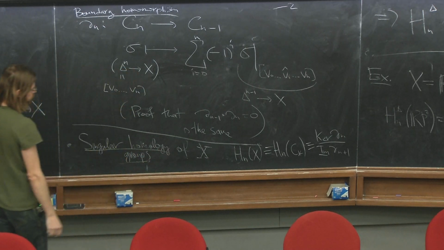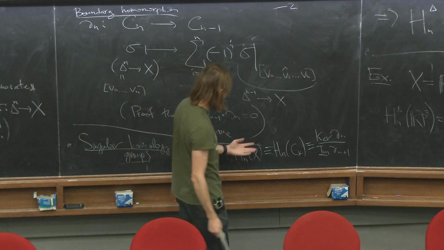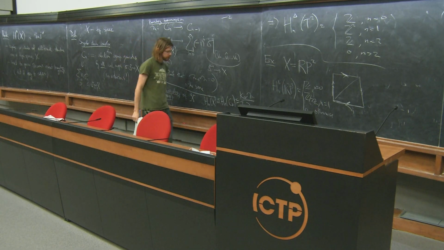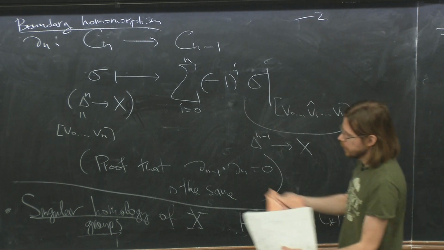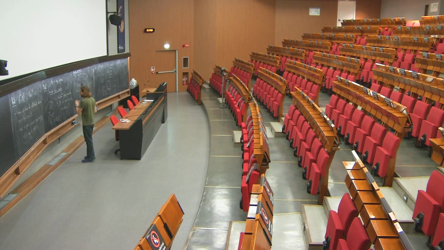So when people talk about the homology group of a topological space X, by default they usually mean the singular homology which we consider here. In principle there are other versions of defining homology, but they all originate from such a choice of chain complex, but this is the most usual homology, singular homology.